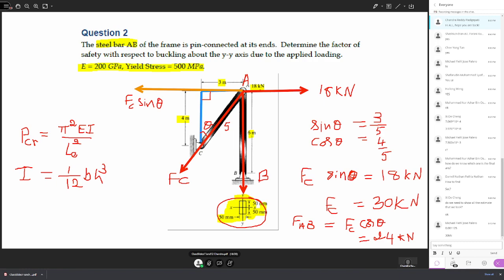So we use the cross section to calculate inertia along YY. Okay, so you will be able to estimate P critical.